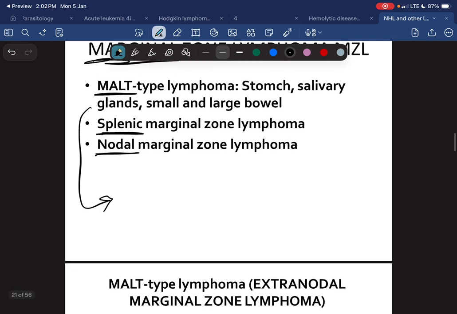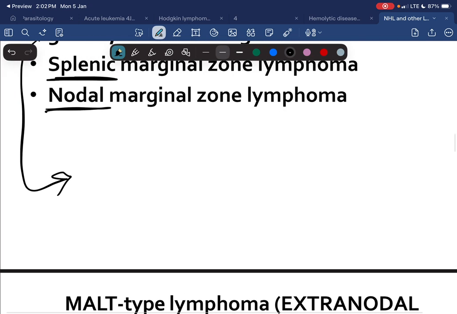So this will increase the risk of malignant transformation. The good thing about maltoma, for example, arising from the stomach, eradicating the pathogens at the early stages can reverse the lymphoma, can reverse the malignancy, unless it transformed or became disseminated.